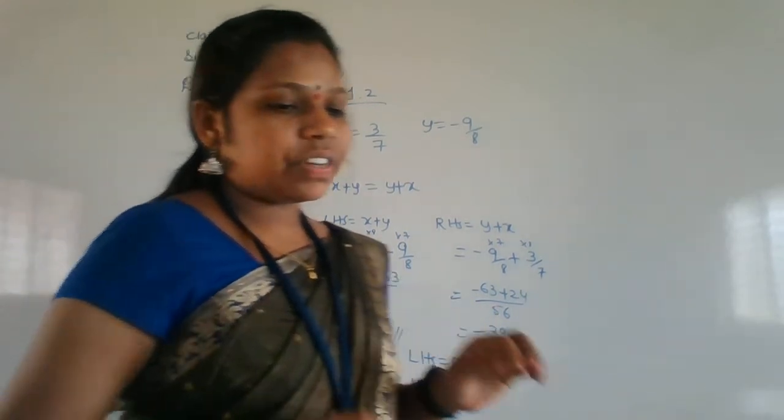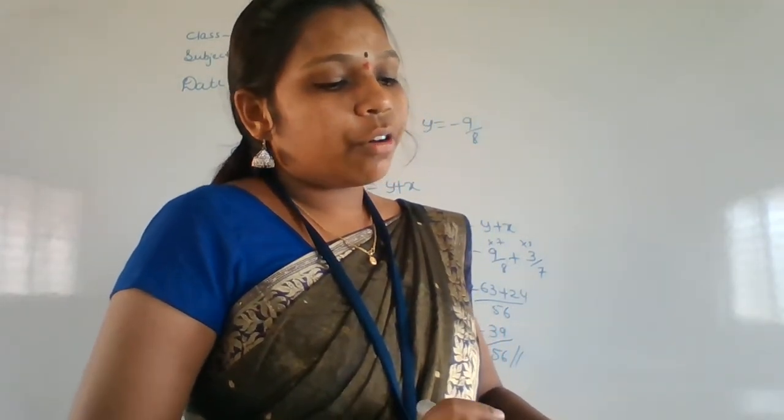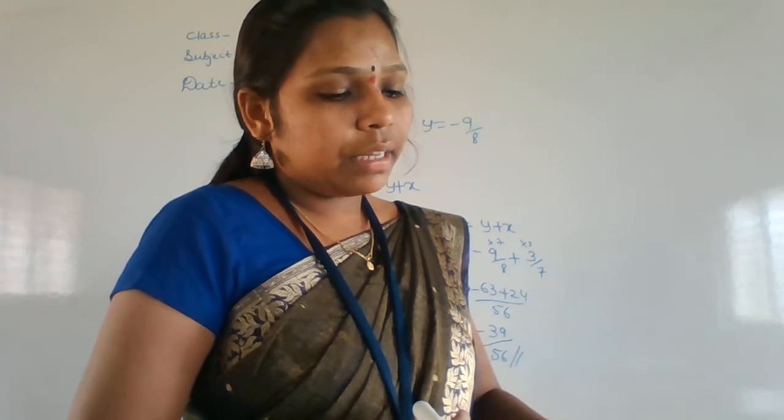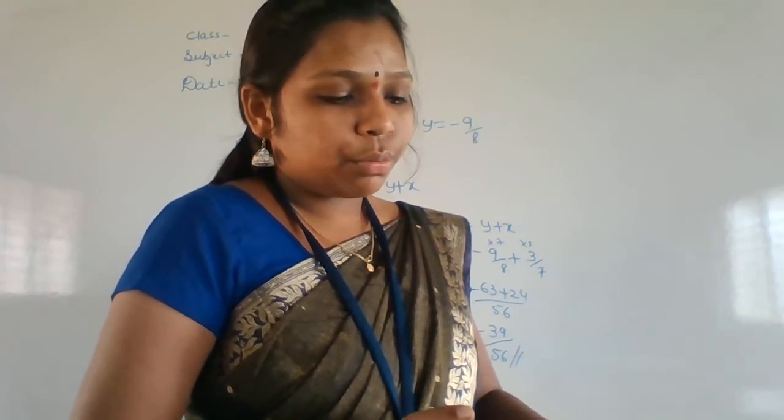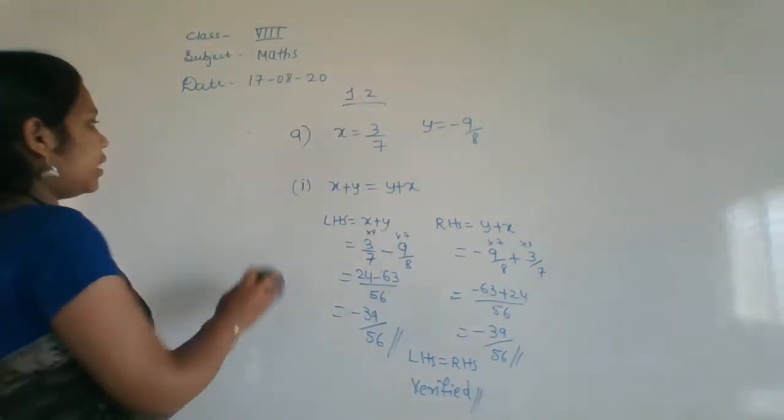Okay. So next one, the 10th question is there. For A equal to 2 by 3, B equal to 4 by 5 and C equal to minus 5 by 6, verify that. You have to verify.